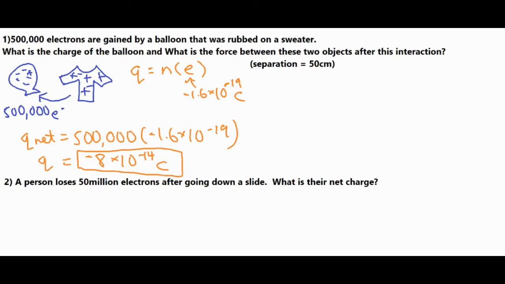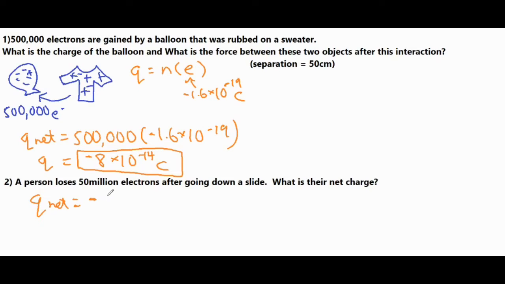Now what I'm going to do is go down to number 2 and complete number 2, and then come back and finish up the rest of number 1, because number 1 has a bunch more details on it that I want to cover. Number 2 is closely connected to what I have in orange over here, so I'm going to continue with this process. It's still Q equals NE, except the person loses 50 million electrons.